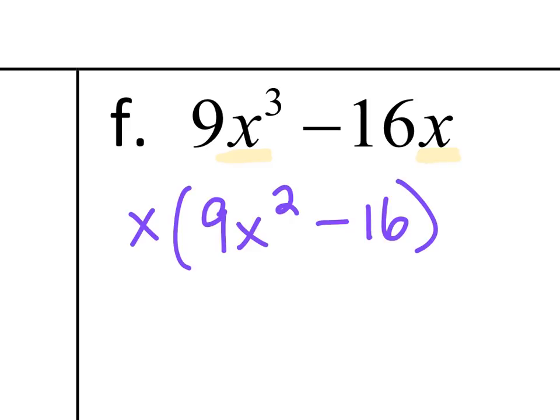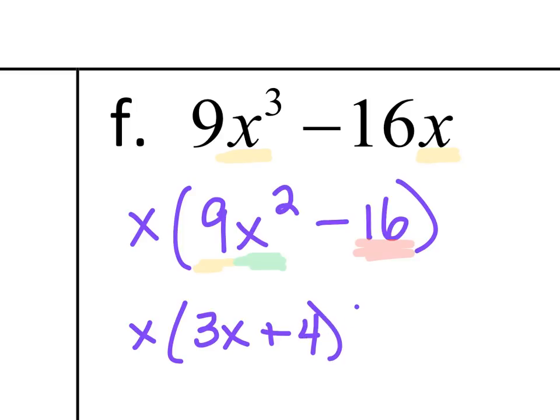The 9 is a perfect square, and the x squared is a perfect square, and the 16 is a perfect square, and you have two terms that are separated by a minus. Now you have to keep that GCF, the x that you took out in the first step, and then the square roots of everything added and then subtracted. So 3x plus 4 times 3x minus 4.